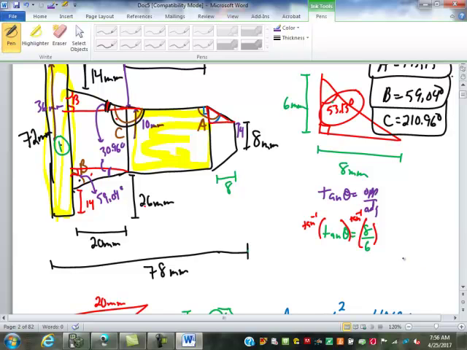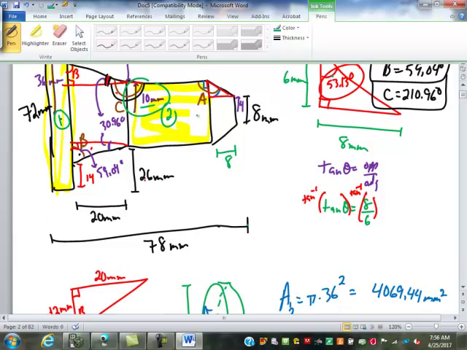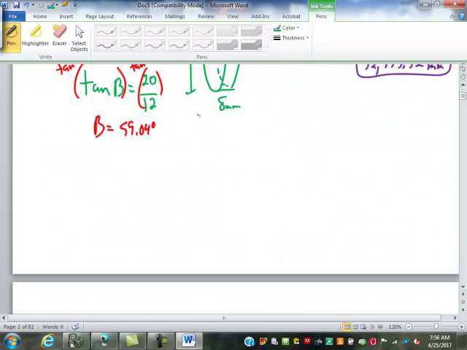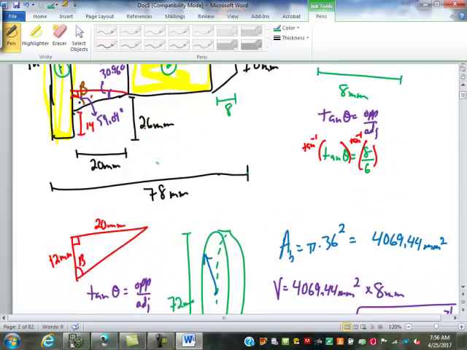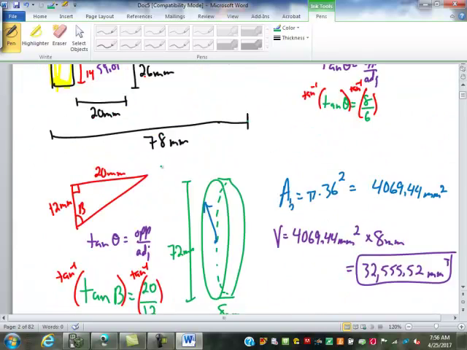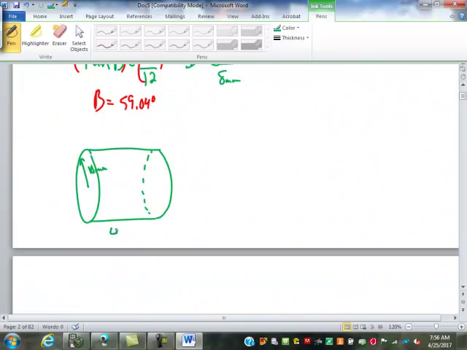Next will be this piece here. I'll call this piece 2 for now. That has a radius here we figured out to be 10, and that height or length of 42.